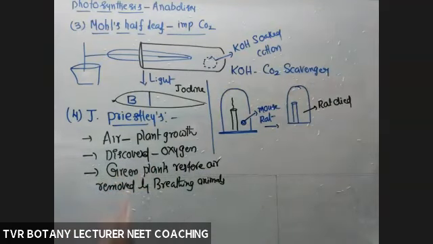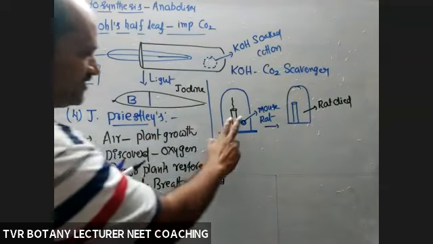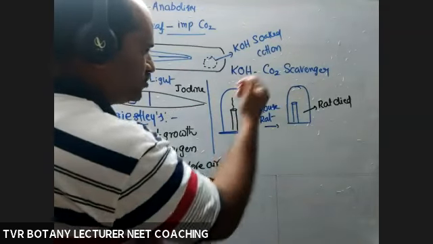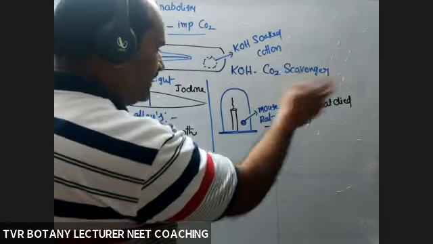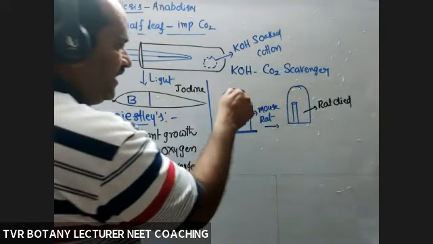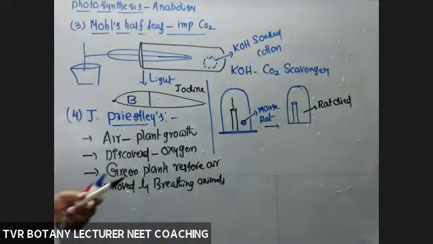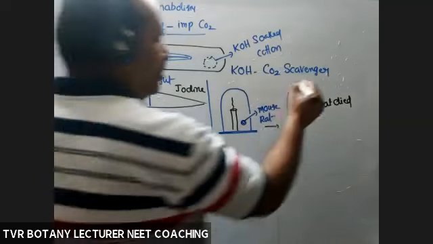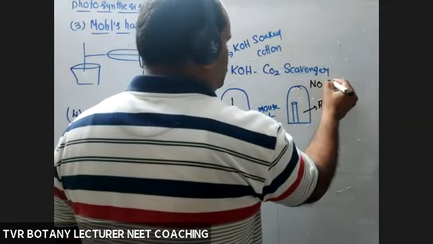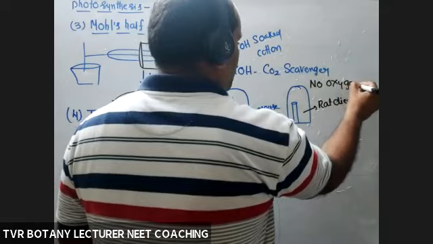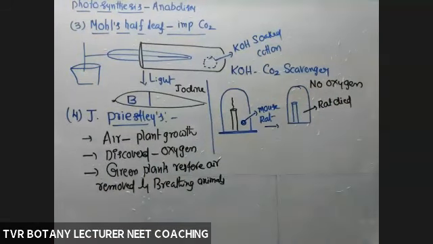In this case, the candle stopped burning and the rat died. The limiting factor for both the objects, living and non-living, is lack of oxygen. Because of no oxygen, burning of the candle stopped, and the breathing animal died.